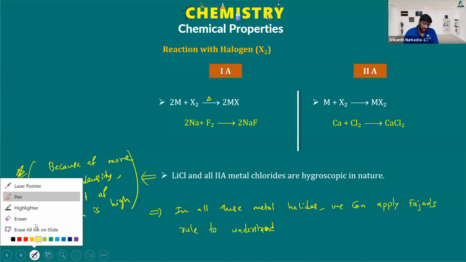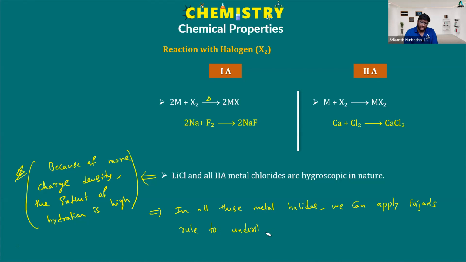Very good. And with respect to change in anion? The greater the size of the anion, the more it will be polarized. Very good. So whenever we have a cation with more charge density for the same anion, it will have more covalent character. For the same cation, the anion with large size will have more covalent character, because polarization of electron density is easy.